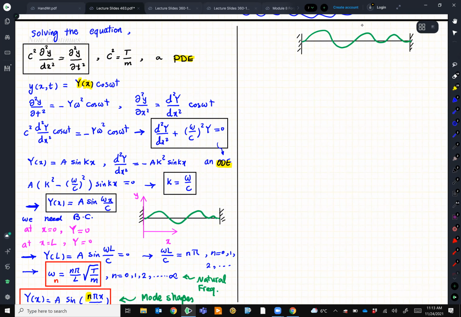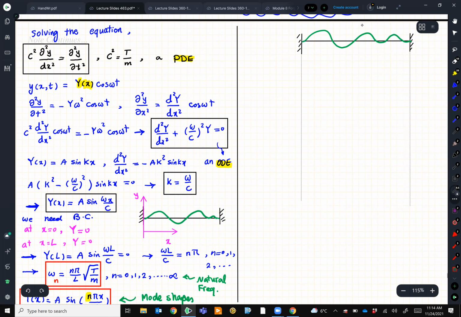So what we found now is, let's say y, that this string naturally can have the natural frequency of omega 1.